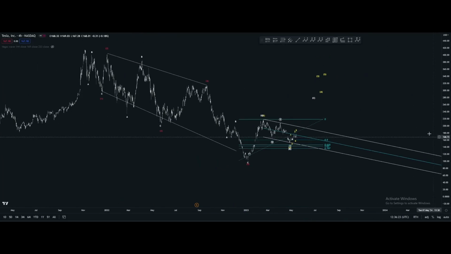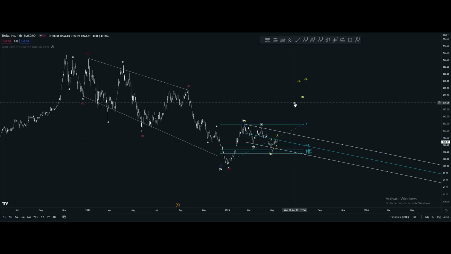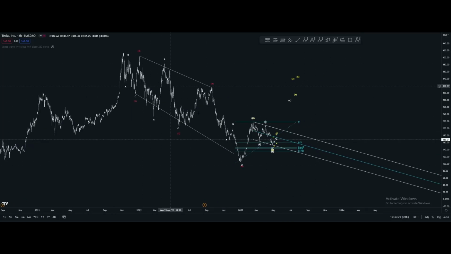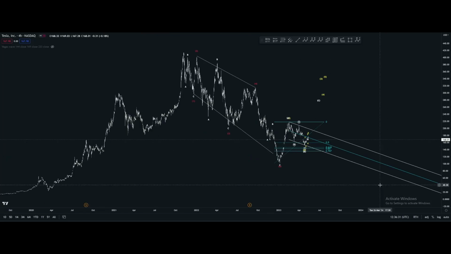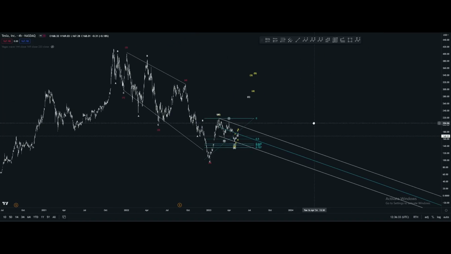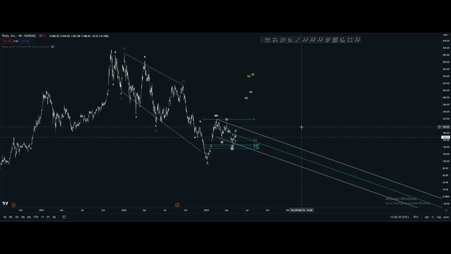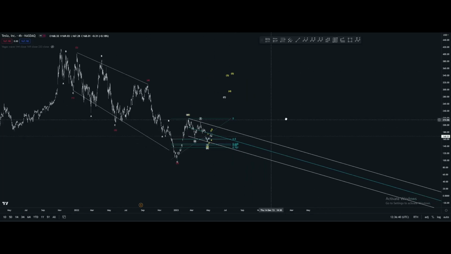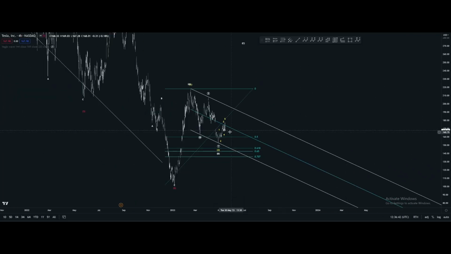And after, if we had this C, then we might expect more down to come on Tesla. So 5, 3, 5, completing the bear market. And if this was the bottom, then we'll see. For the moment, there's 5 up, so you might long the retracement.